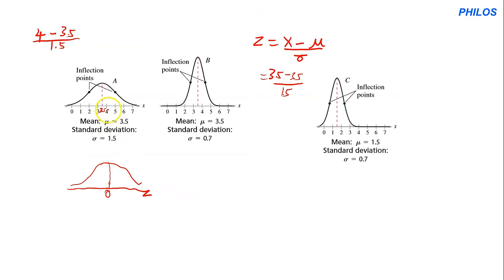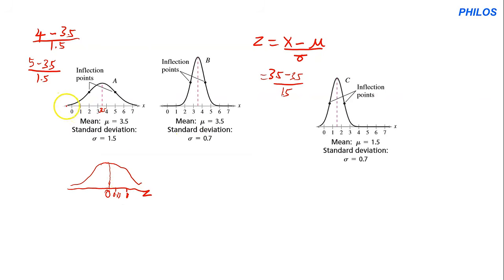So this 4 will now change to 0.33. Also, let's check it for 5. 5 minus 3.5, then we divide it by 1.5. 5 minus 3.5 will give us 1.5, and 1.5 divided by 1.5 will give us positive 1. So 1 will be here. Going in that manner, you do it for 6, 7 going.